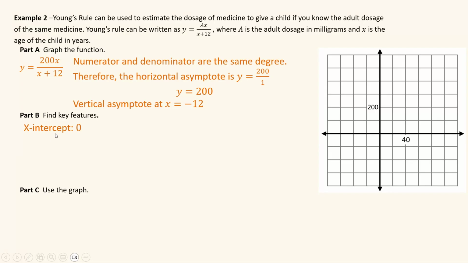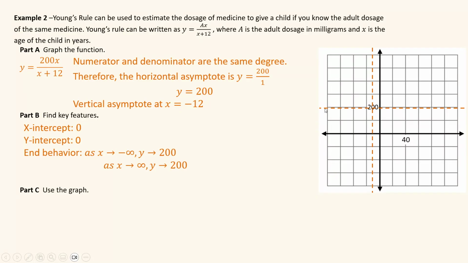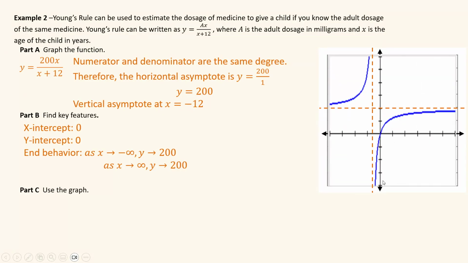And then finding our x-intercept, which would be the 0 of the numerator, which would be 0. So we'll plot that point. Here's our horizontal asymptote at y equals 200, our vertical asymptote at x equals negative 12, and then when we plot points from the graph, here's our graph.